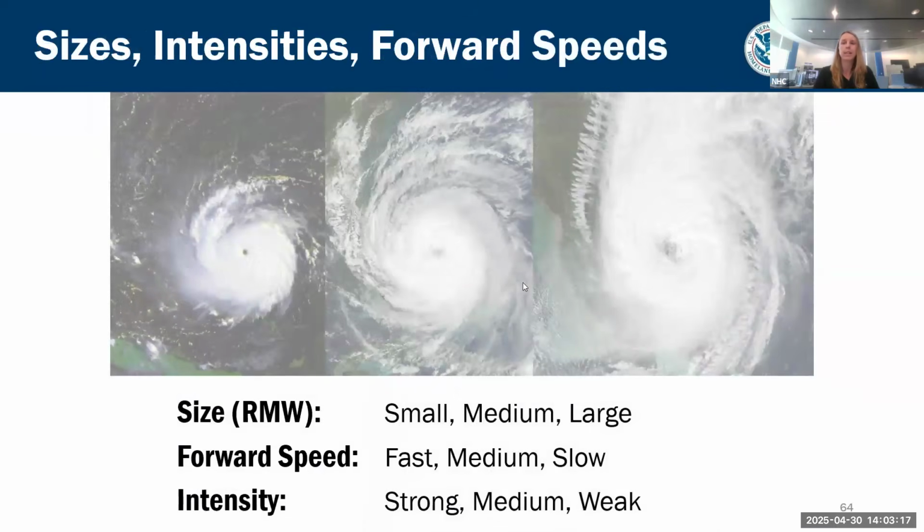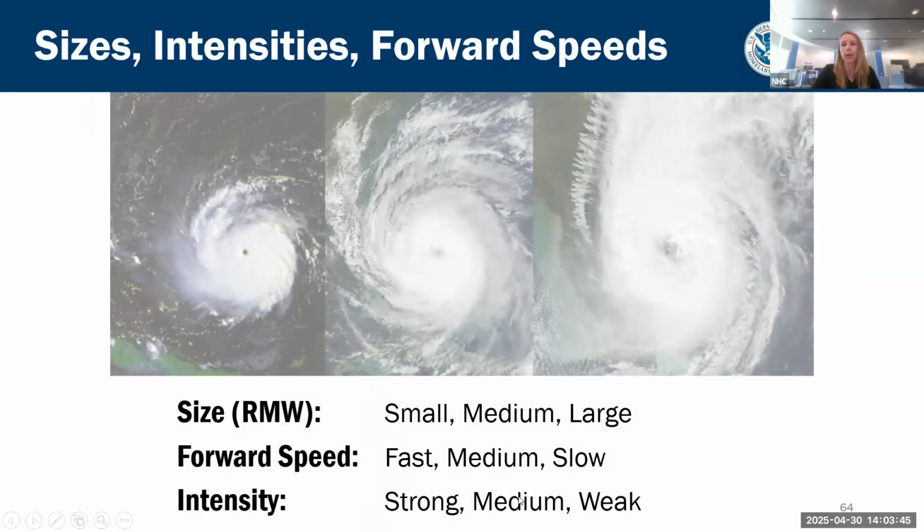In addition to varying the landfall location, we also vary the size of the storm. We know that the size is really impactful for how much water could potentially be pushed inland. So we do have a small, a medium, and a large size storm in our ensemble, as well as a fast, medium, and slow storm. And then we also vary the intensity.